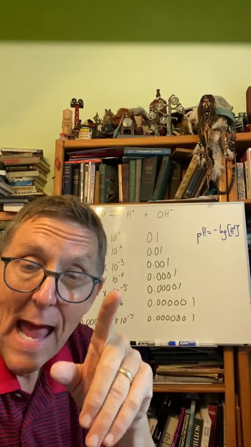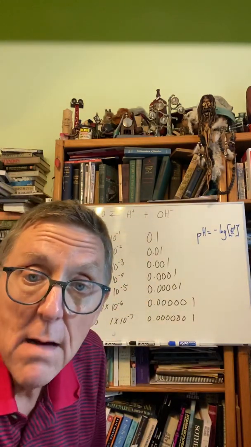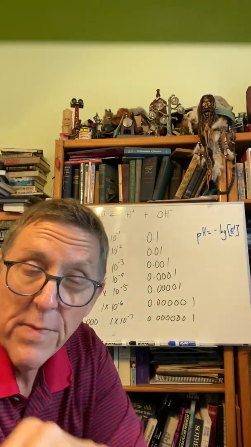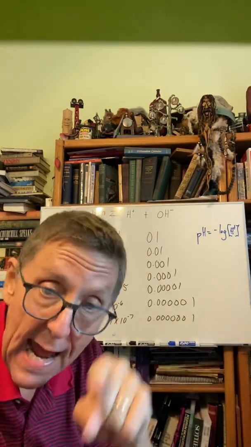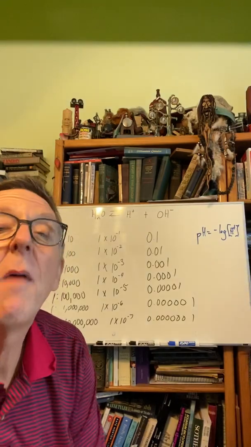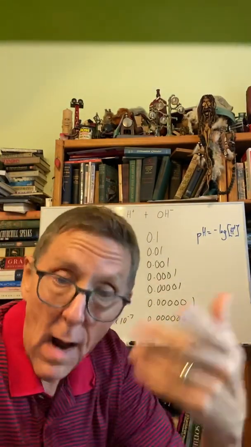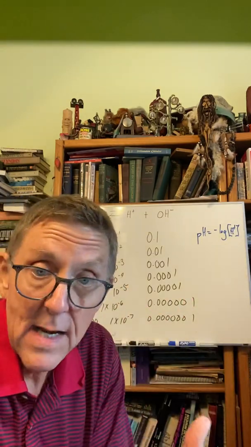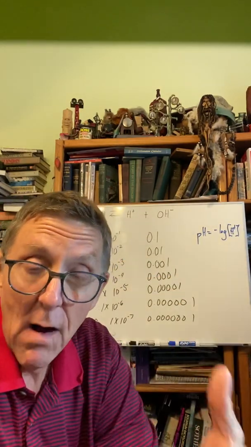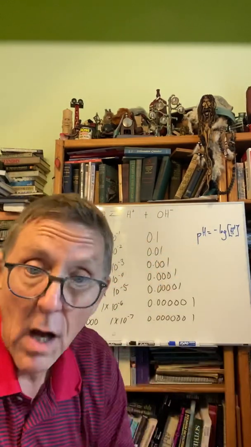So it starts with the natural acidity of water, neutral, which actually has some acid in it. 1 in 10 million molecules are hydrogen ions, and acidity is a measure of how many hydrogen ions are in concentration.